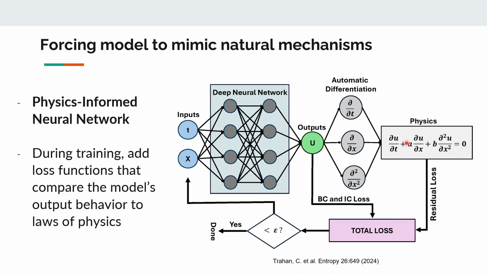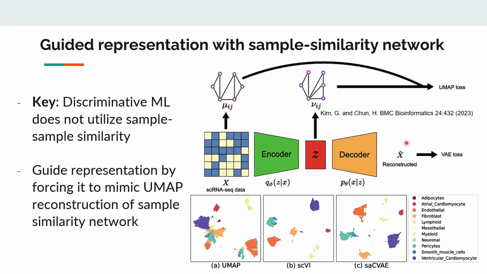But in biology, we usually don't have this kind of quantitative laws or mechanisms that we can follow. So instead, in this research, they want to embed single-cell gene expression data to create a generative model. They are going to reconstruct using the variational autoencoder architecture.